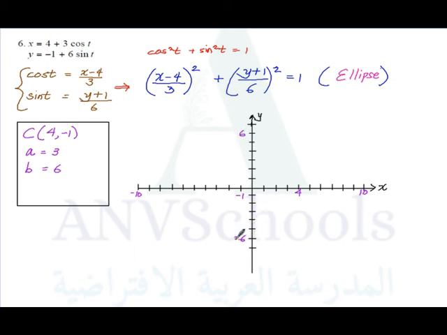So we first have to locate the center, which occurs at 4, -1. Where is 4, -1? 4, -1 is definitely here.